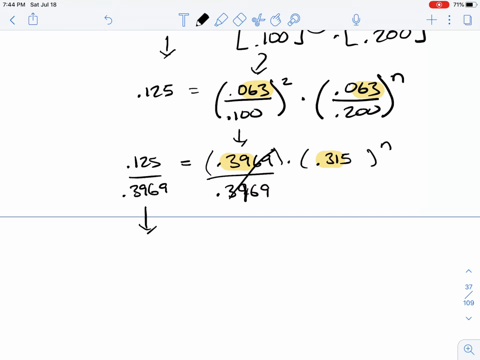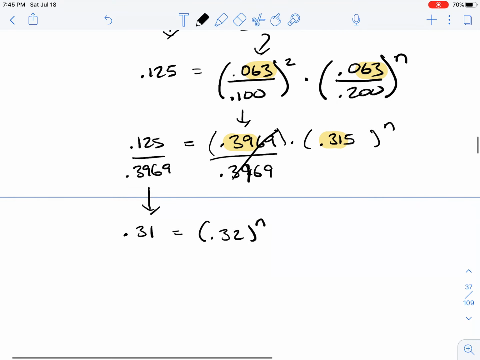So that's going to give me 0.31. Okay. And that's going to equal 0.31, and so if I just keep 2 sig figs, that's approximately 0.32. This is raised to the n power.